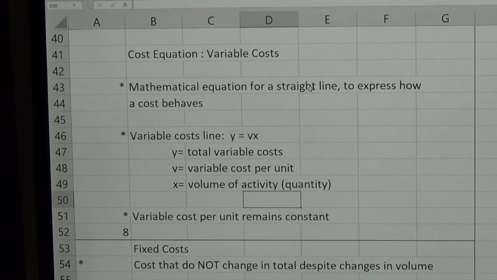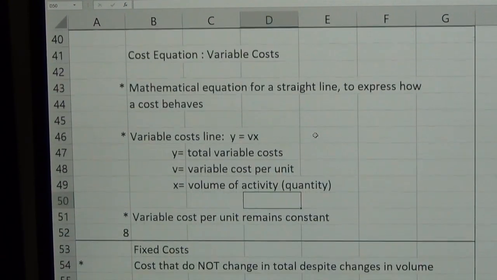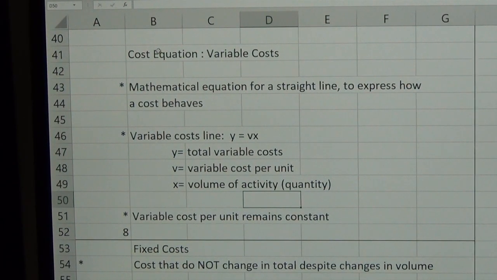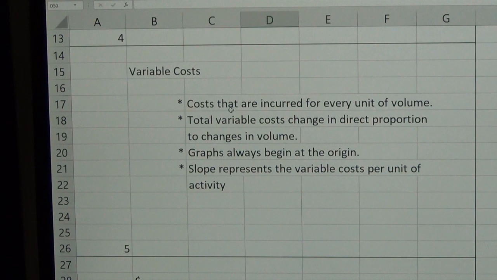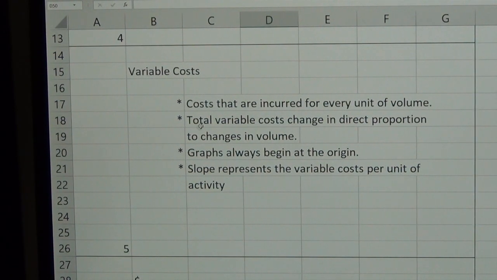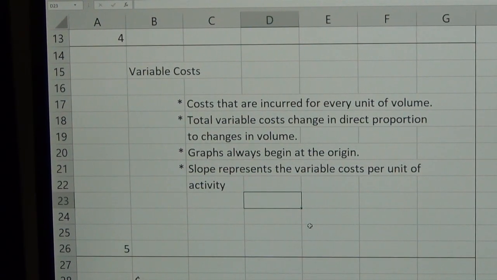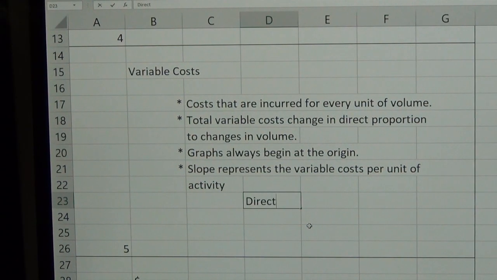So if we want an example, let's go back up here to variable costs. Costs that are incurred for every unit of volume, total variable costs change in direct proportion. So some examples, when we talk about the three elements that we've talked about: direct labor.